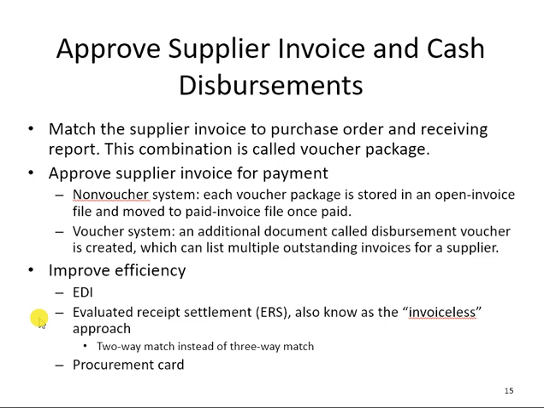So if we use a credit card, the amount recorded on the credit card will automatically become the account payable to that supplier, and it will be automatically mapped to the specific general ledger accounts, such as office supplies. So therefore, the procurement card improves the efficiency.